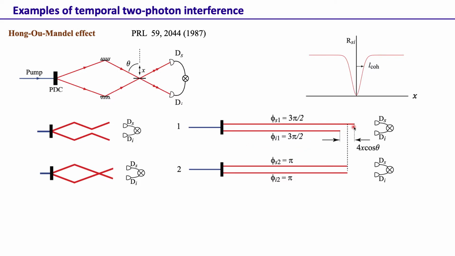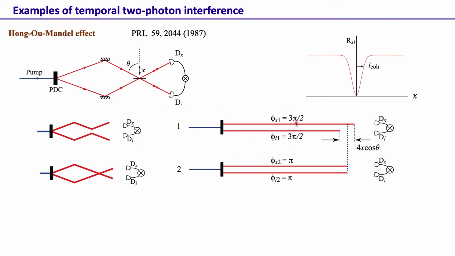So there's only a change here, because when we push the beam splitter up or down, the one that is reflected has a change in path length, and by simple geometry that path length is 2x cosine theta. 2x cosine theta will be for this one as well, so a total of 4x cosine theta.